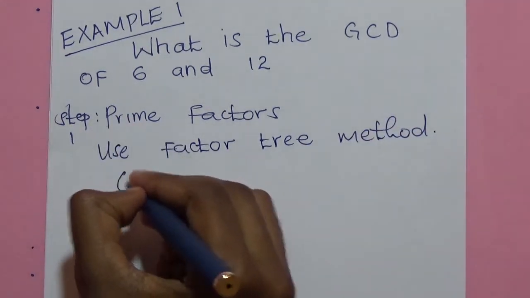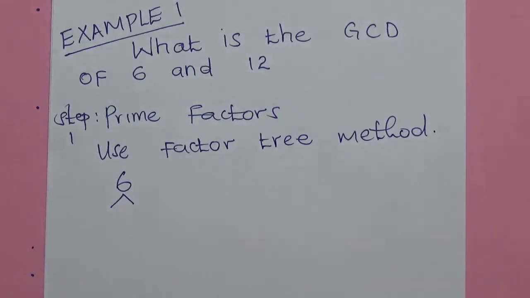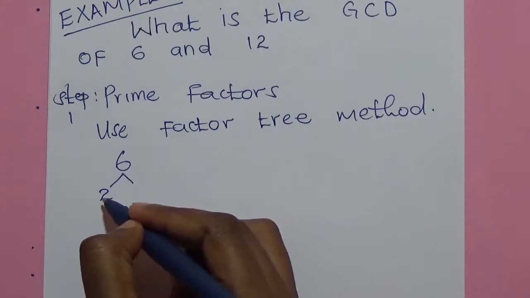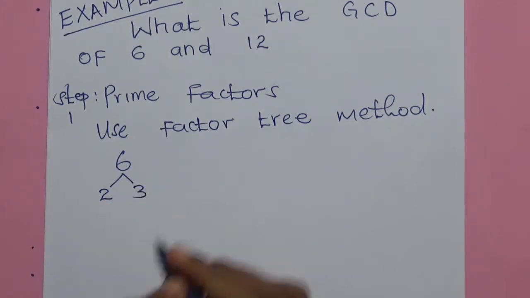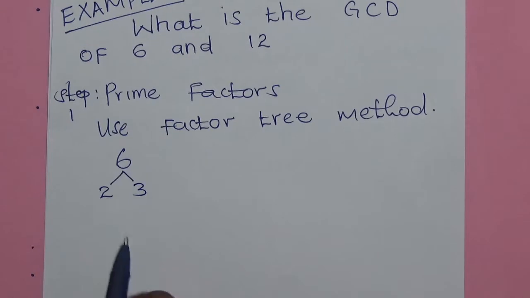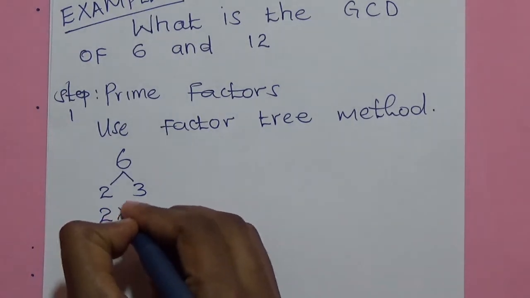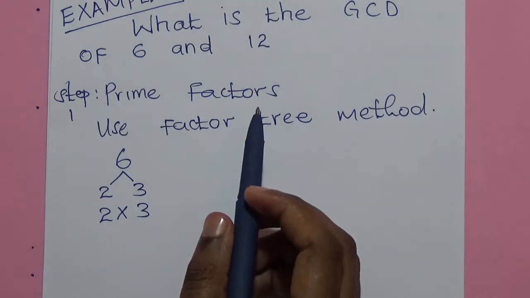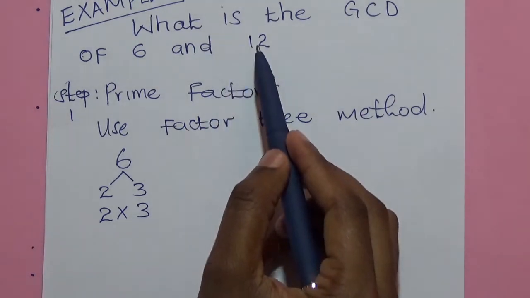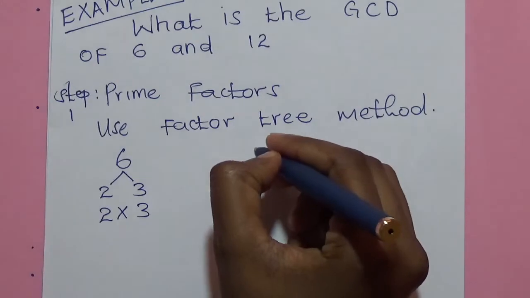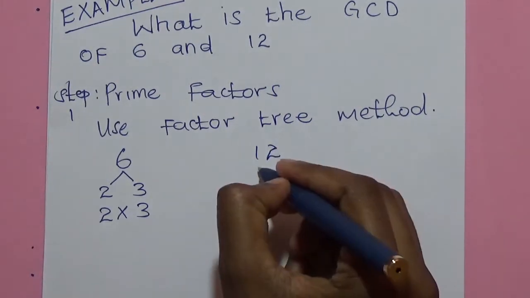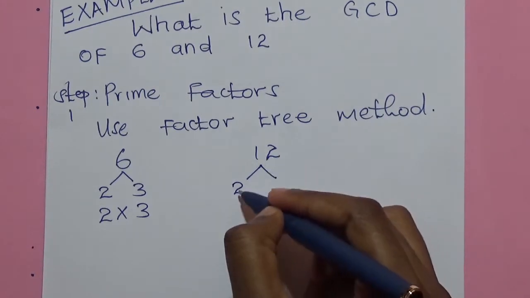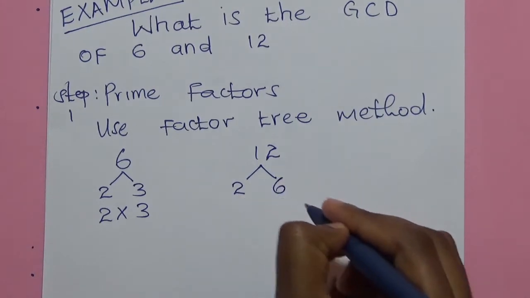So 6, the prime factors of 6 will be 2. 6 divided by 2 will be 3. So the prime factors of 6 will be 2 times 3. Then the next number is 12. The prime factors of 12, we start with 2. 12 divided by 2 will be 6.